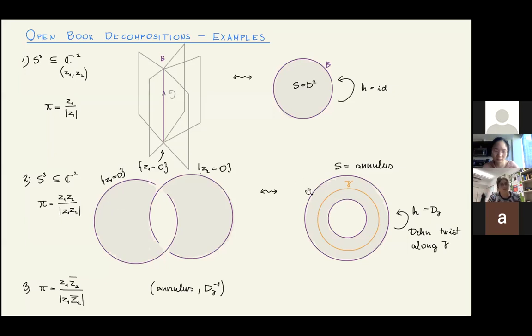And a not extremely hard computation shows that the first return map is a Dehn twist along the central curve of the annuli. You can take any other polynomial, also the conjugate. So you get this conjugate one, and this one is going to give you the annulus, but with the left-handed Dehn twist.